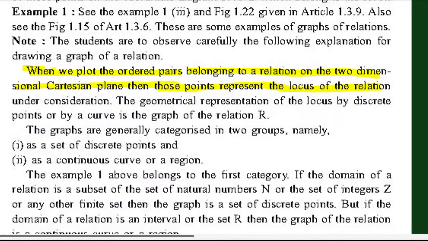Locus means the points of the relation under consideration. The geometrical representation of the locus by discrete points or by a curve is the graph of the relation. Discrete means not continuous, something that ends. This will be the graph of the relation R.